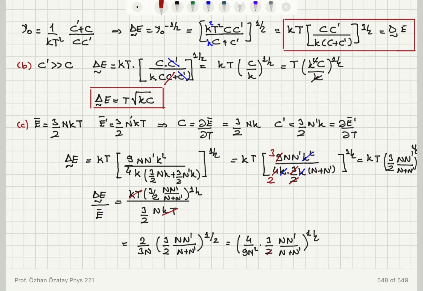So this will give me a 2 here, this will give me a 3 here, and this N would disappear with this N, and I would find that my answer, delta E tilde over E bar, is 2 over 3 capital N multiplied with N prime over N plus N prime to the power 1 over 2.